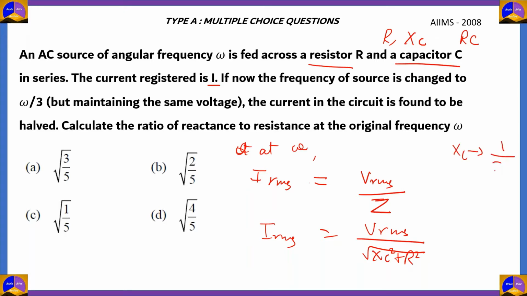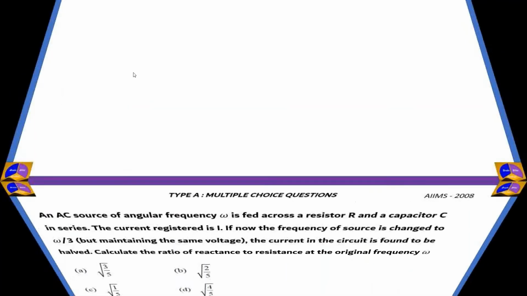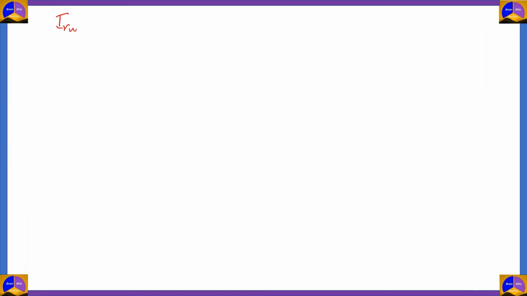It is equal to 1 by C omega. C stands for capacitance, omega stands for the given angular frequency. So we can write IRMS as VRMS divided by under root of R square plus 1 by C omega the whole square. This is our first equation.